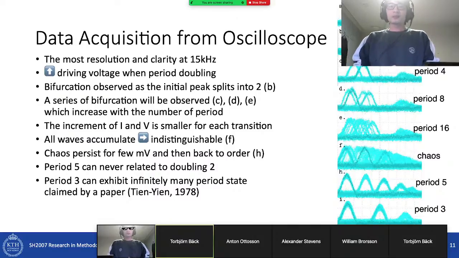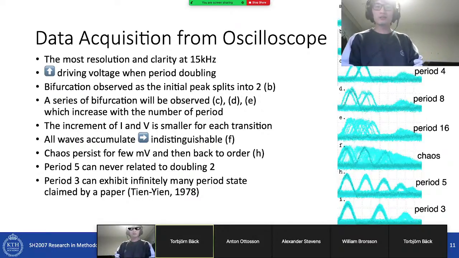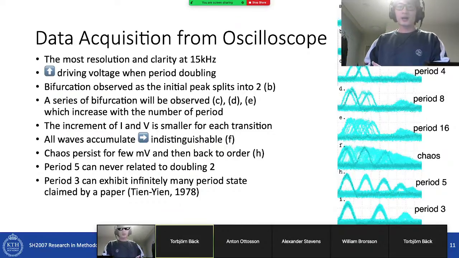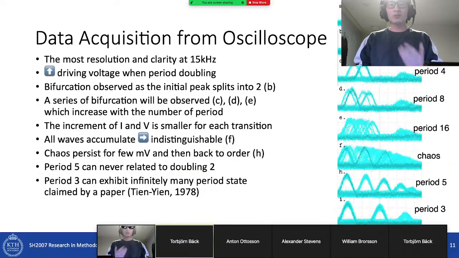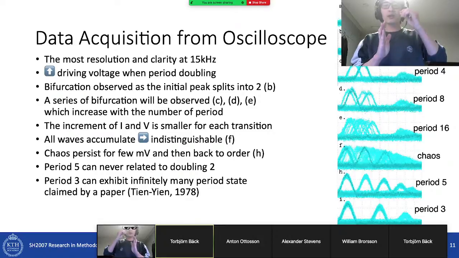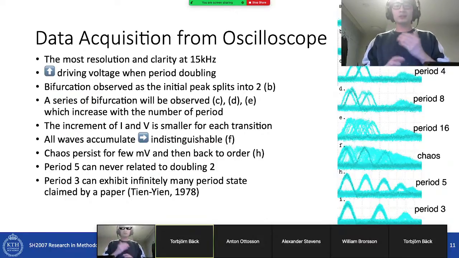And now we talk about the data acquisition from the oscilloscope. On the right-hand side we see some plots extracted from the oscilloscope. What the researchers found is that the best resolution and clarity is at 15 kHz. When we keep increasing the frequency and the voltage a bit, we see period doubling.